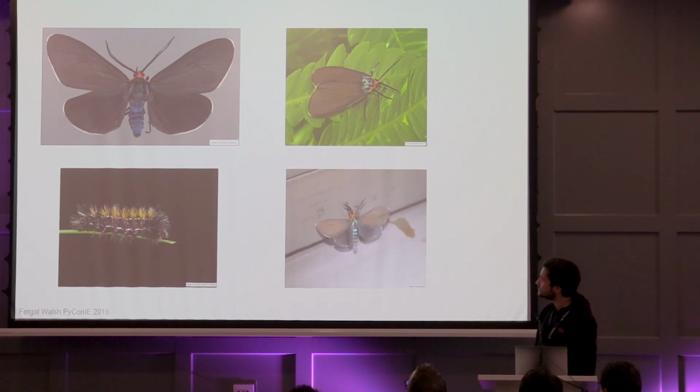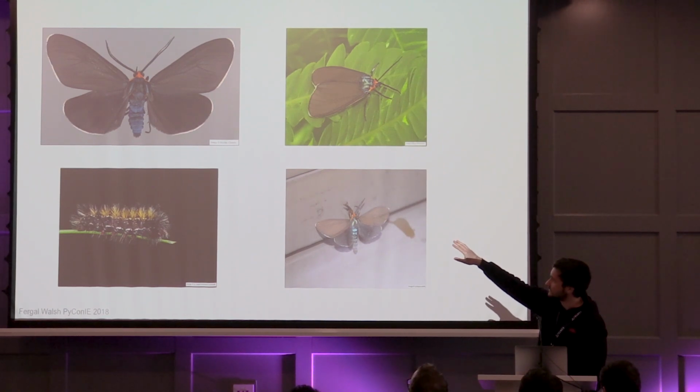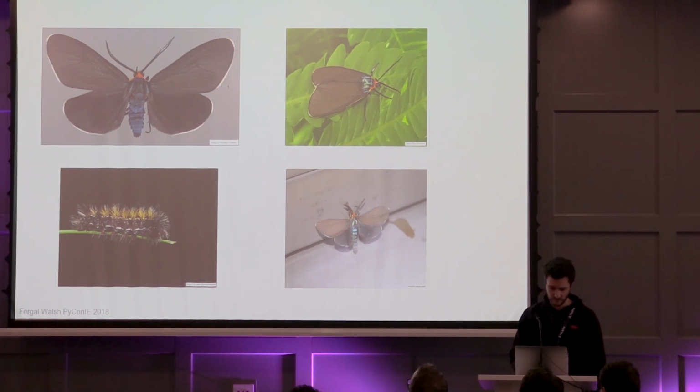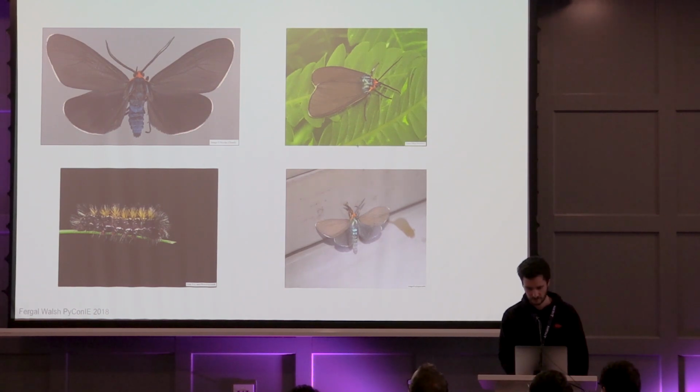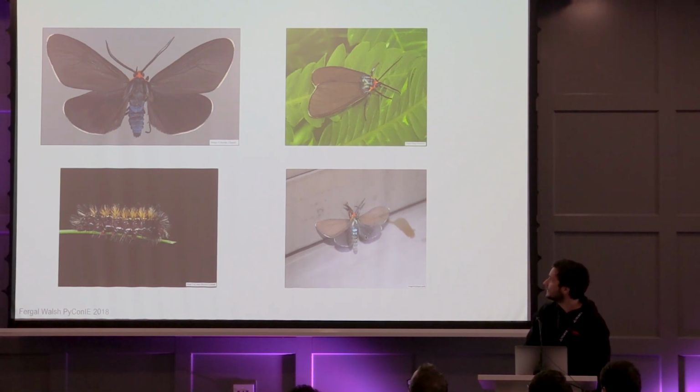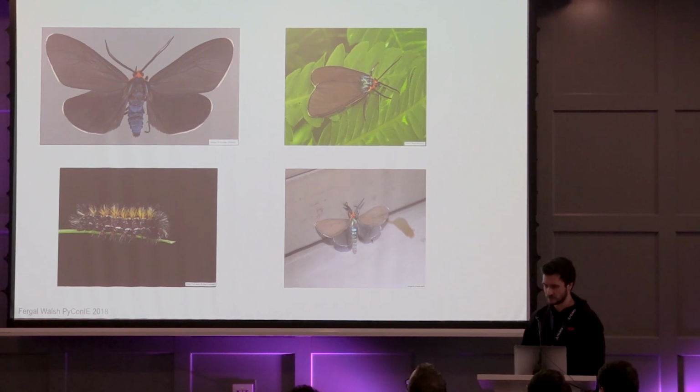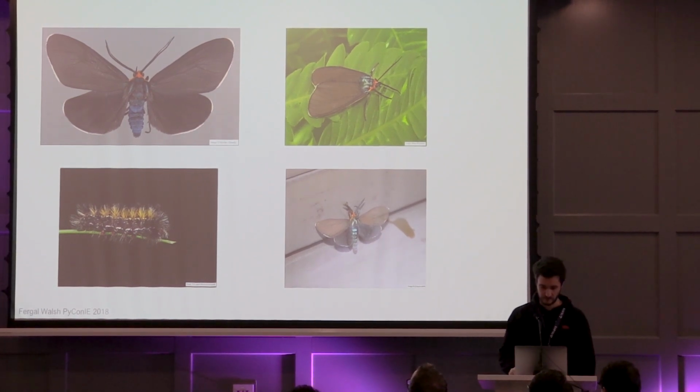And then when they're museum specimens, they have their wings spread like this. By the way, if you ever see a butterfly image like this, it's a dead butterfly. Living butterflies never look like this. Usually they're like this or like this one below. But all of these are quite different in terms of their colors, their shapes, their poses, everything about them.